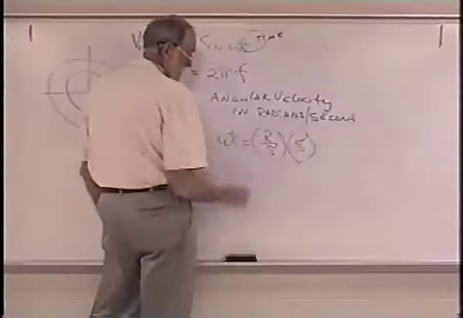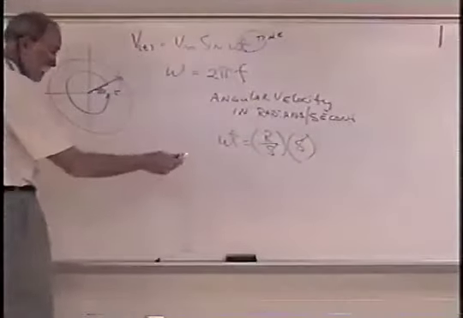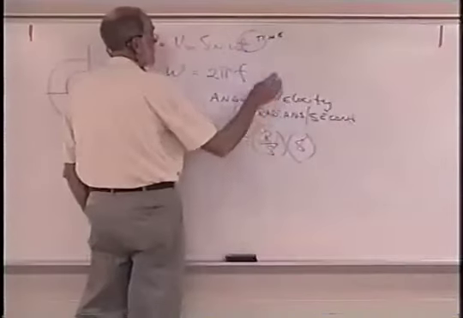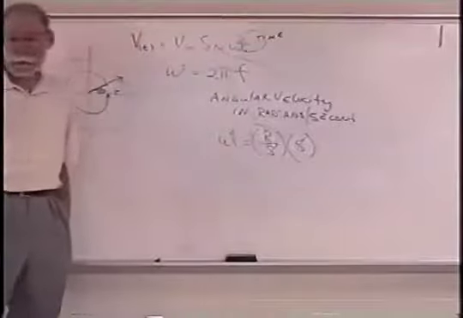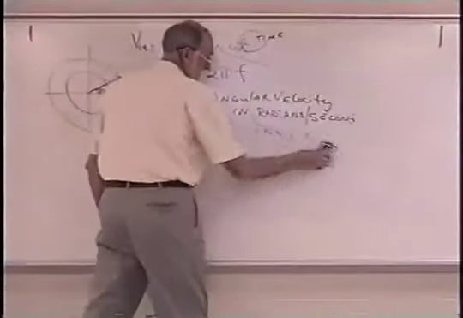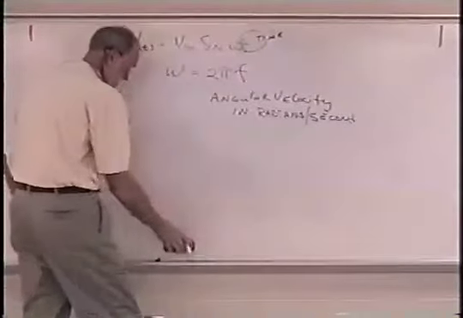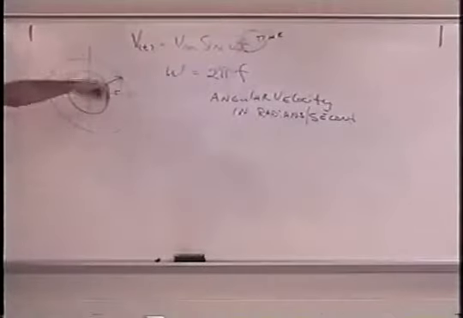Multiplied times seconds will give me radians left over, and that's the unit I need to take the sine of. Okay? That's what I need to have it in. So that works out very nicely. Now then, let's talk a little bit more about this angular velocity and the radians per second thing. We know we're measuring the angle in terms of radians.